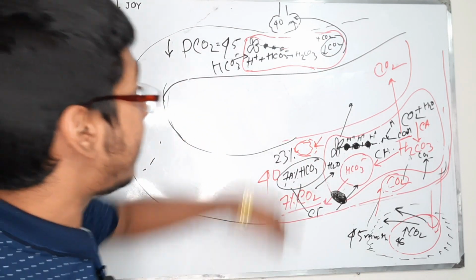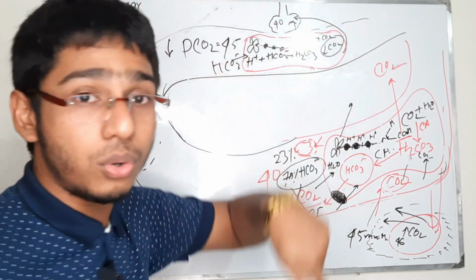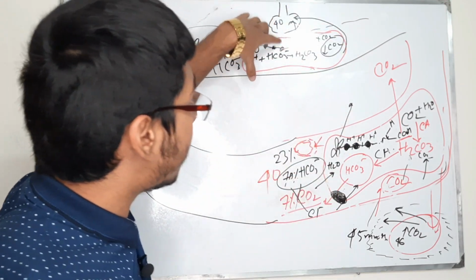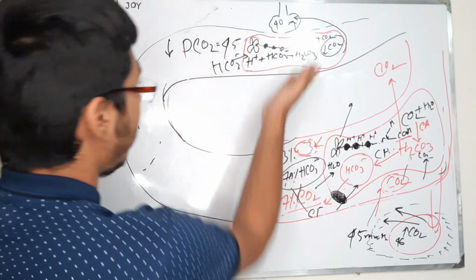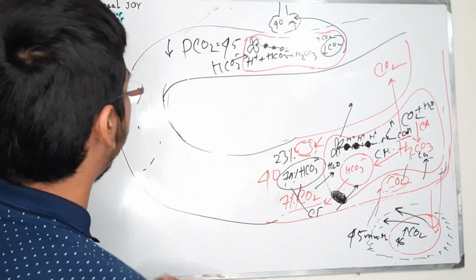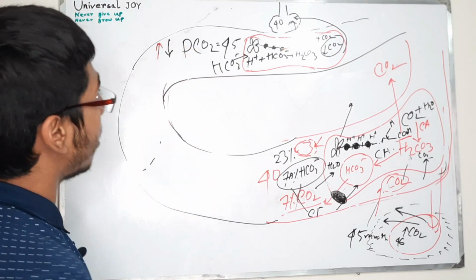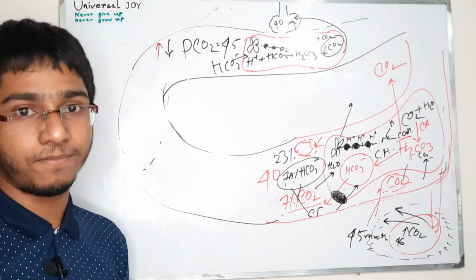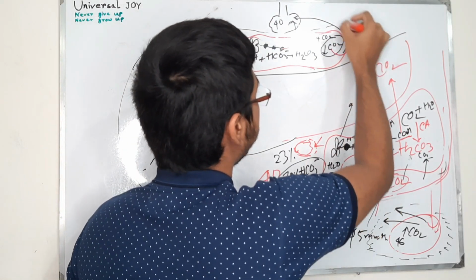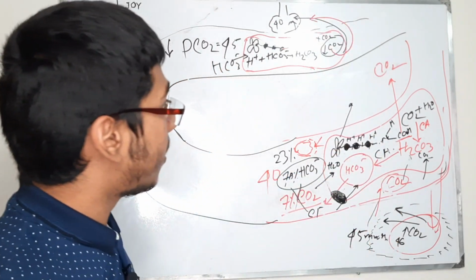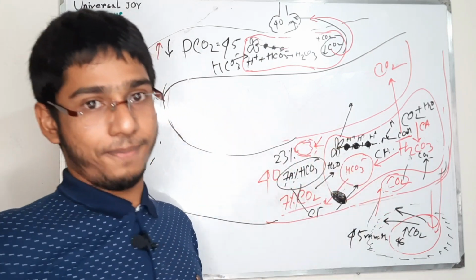This is how the supply of CO2 within the pulmonary capillary end is ensured. Now it will again raise the level of the partial pressure difference of carbon dioxide. This is how it will keep the flow of carbon dioxide from inward to outward.